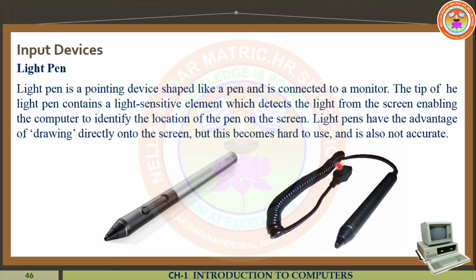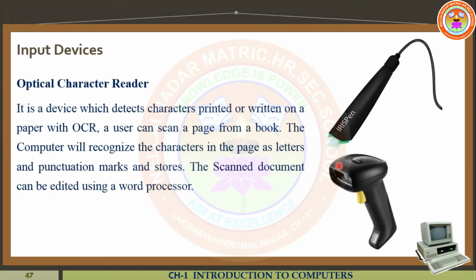Okay, right. The next thing is the optical character reader, simply called OCR. So OCR means optical character reader. It is a device which detects characters printed or written on paper. Simply, a user can scan a page from a book. Using the device, all the written or printed information is transferred into a digital copy.